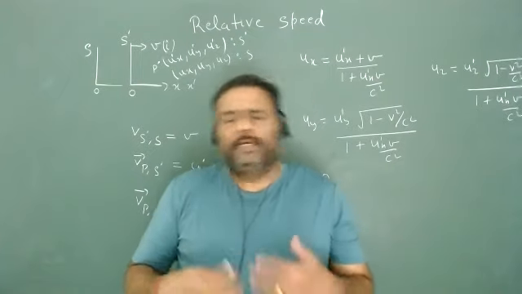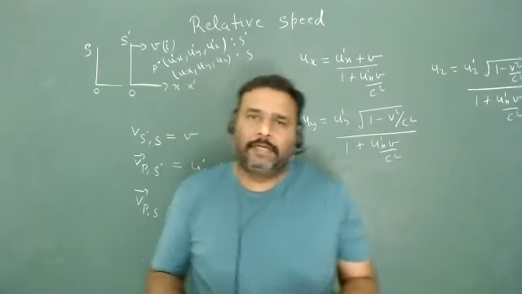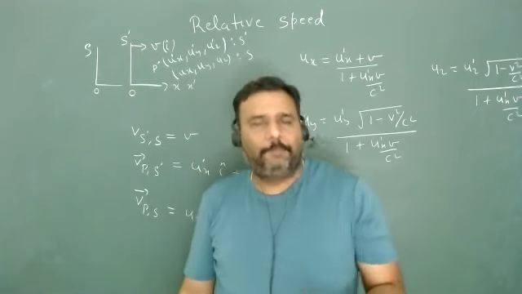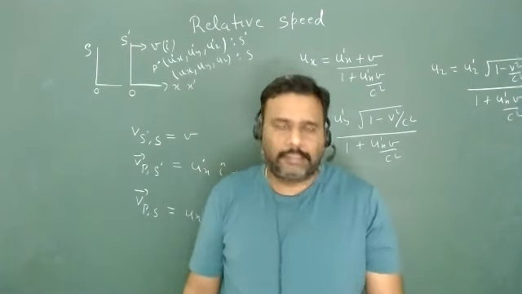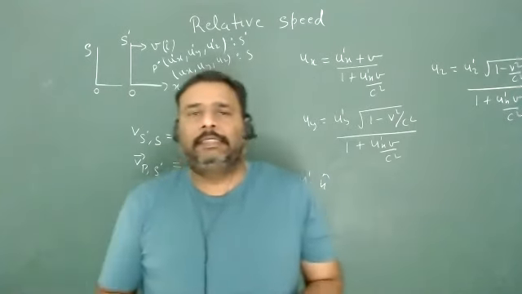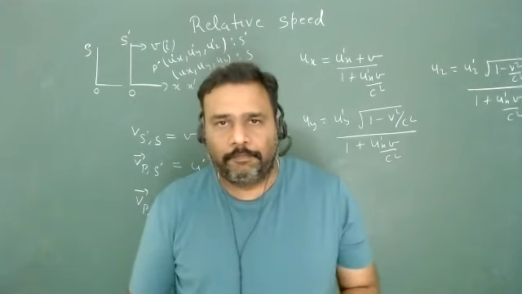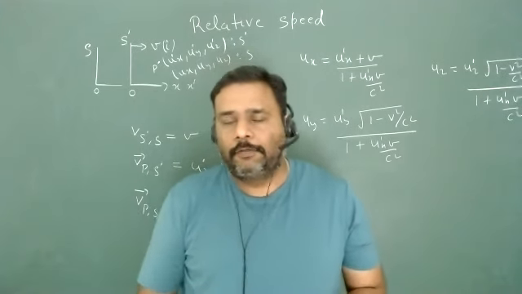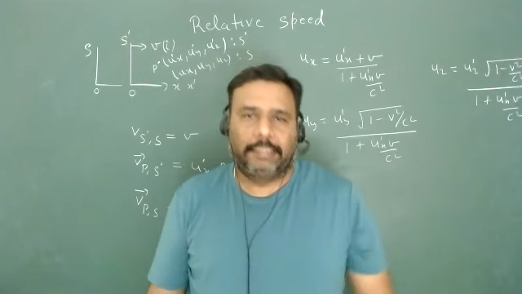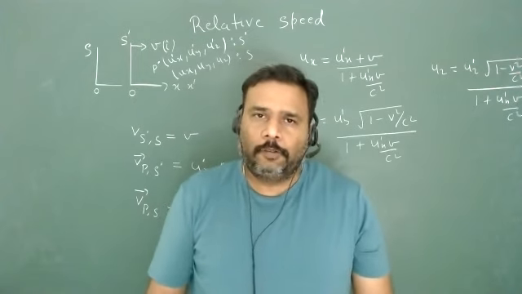Different teachers can use this formula in different ways. I have made my own way to understand the system. I know that there is nothing called an absolute frame. So if there is no absolute frame, I am free to choose what my S frame is and what my S dash frame is.